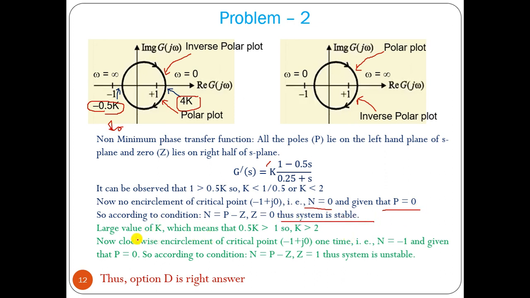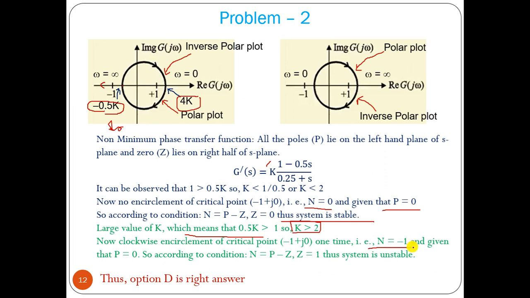Now, consider large values of k, which means that this 0.5k is greater than 1. If this point goes beyond the minus 1 critical point, that means this 0.5k becomes greater than 1, that is, k greater than 2. At that time, it encircles the minus 1 point in the clockwise direction.